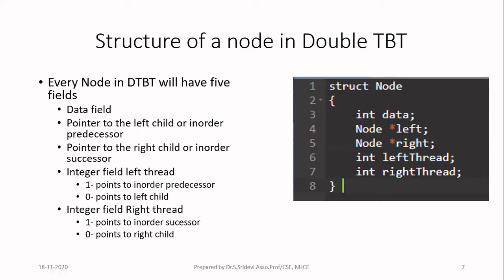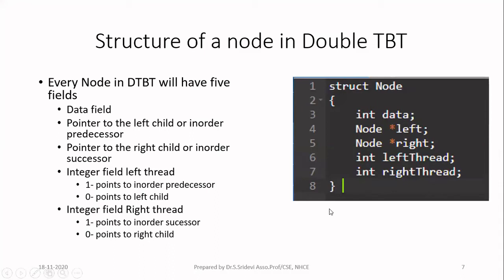So we have this information in the left thread. Similarly, you have to store this information for the right thread also, so for that we need one more field. If that is 1, it indicates that the pointer is going to point to the in-order successor. If it is 0, it indicates that the right pointer is pointing to the normal right child.